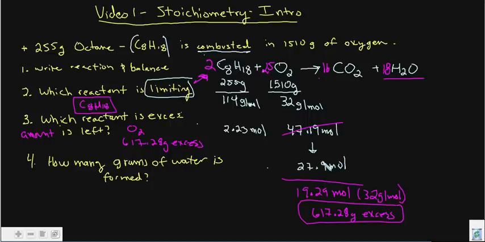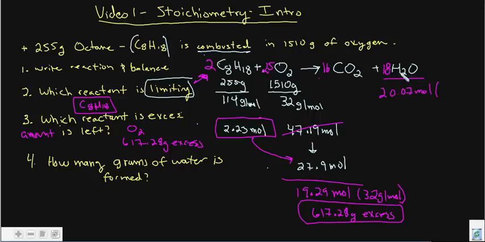So 2.23 times 9 equals 20.07 moles. And how do I convert that to mass? Well, same way I did down here. When you're going from moles to mass, you multiply by the molar mass of the compound. So every single mole of water equals the amount of 2 hydrogens plus 1 oxygen.